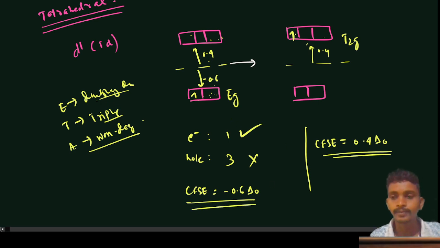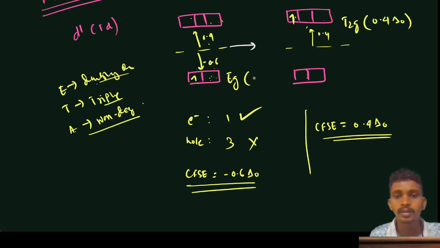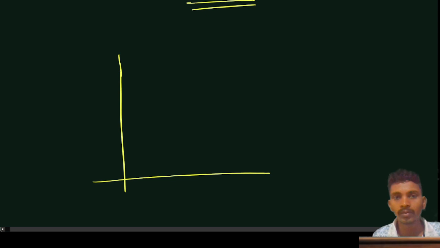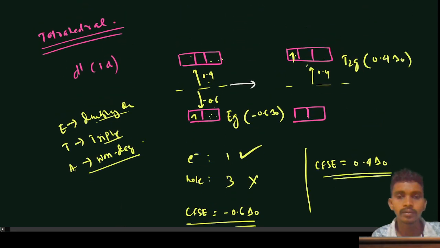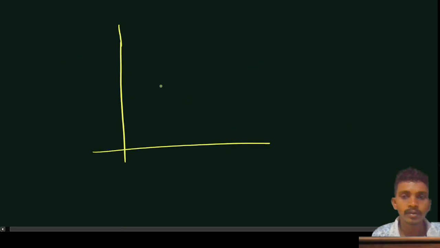So these are the things. I will assign this CFSE value: this value is 0.4 delta naught, and this value is minus 0.6 delta naught. Now I will do the Orgel diagrams. This value is less, so it will come down.